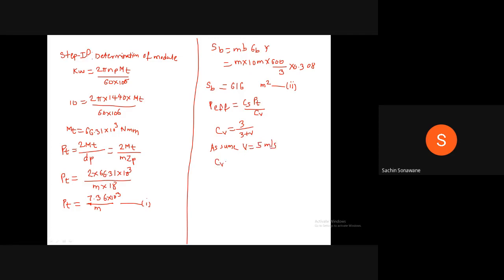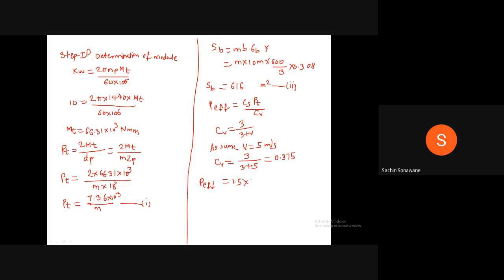Therefore, calculate CV. CV is equal to 3 divided by 3 plus 5. How much is CV? 0.375. Is it correct? Yes, sir. Now substitute CS, PT and CV values in the P effective equation. Therefore, P effective is equal to, what is CS? 1.5.